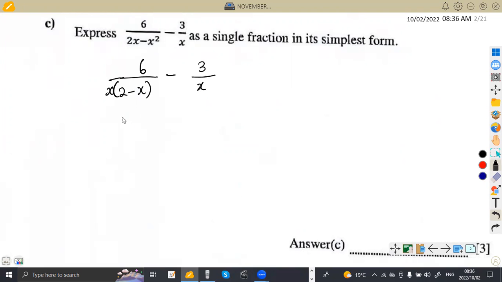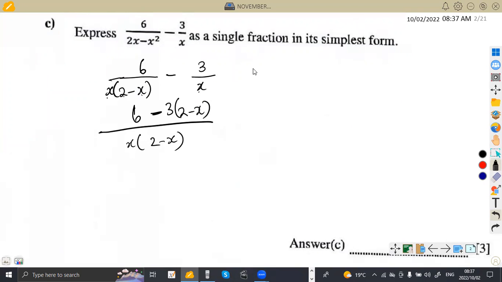From there, we have to find the LCM or the LCD of x, 2 minus x, and x. So x is common, you don't repeat it. We are going to have 2 minus x. So let's divide the LCM by this. As you can see, these are the same, so it's just going to cancel. You get 1. 1 times 6, which is 6, minus x and x cancel, which means you're going to remain with 2 minus x. So you multiply by 2 minus x.